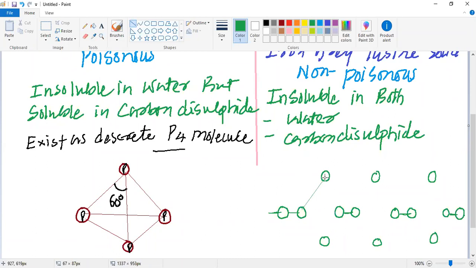We can see that this is how the phosphorus atoms are being connected to each other. This is how it really works. These all are your phosphorus atoms.